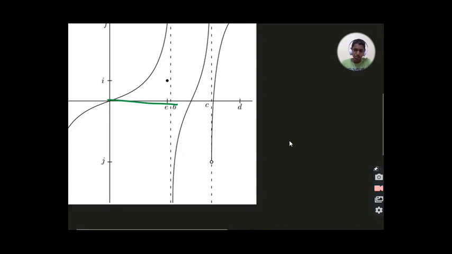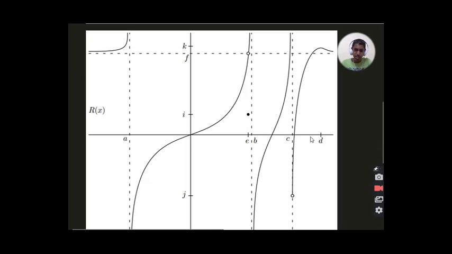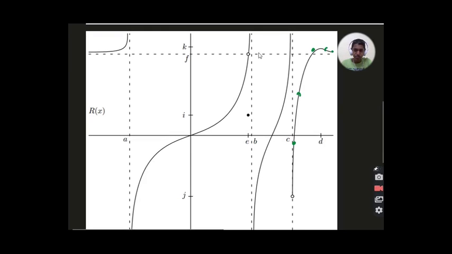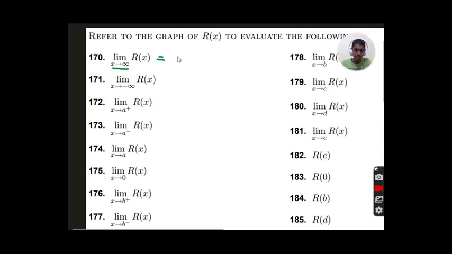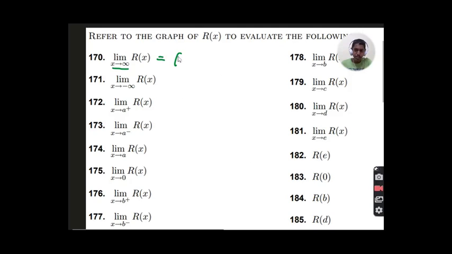So just as we go to the right infinitely, where are we going to go? We go here, and then we eventually settle on some sort of horizontal asymptote at y equals f. So that is where the limit is as we go to positive infinity.